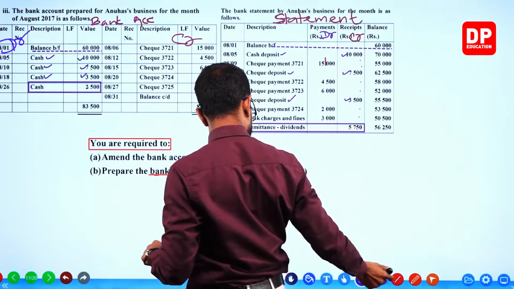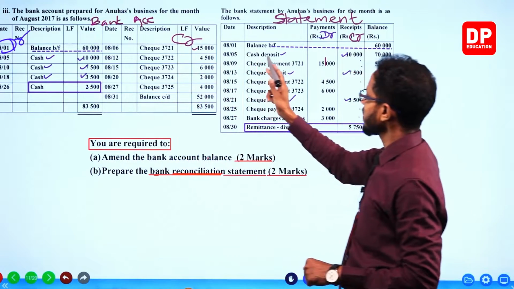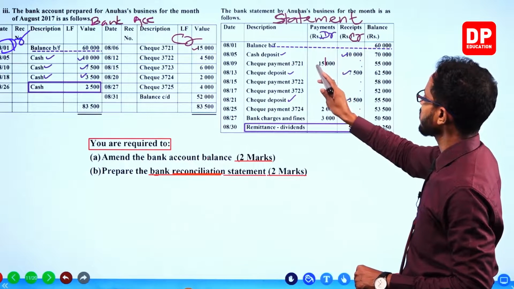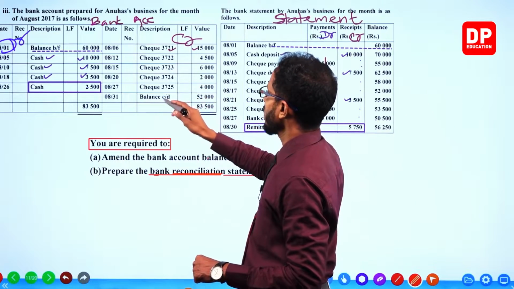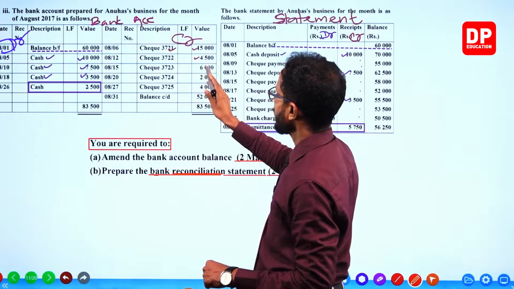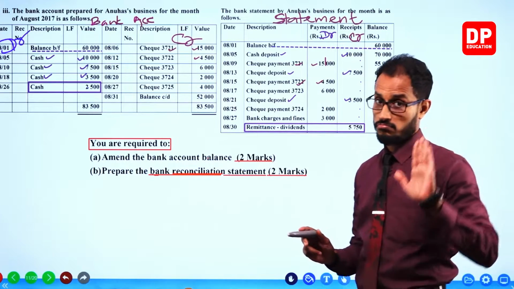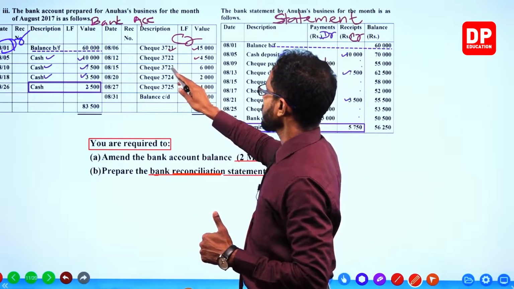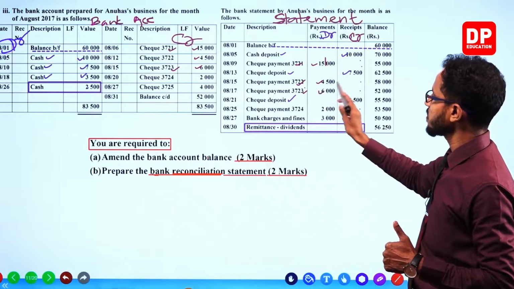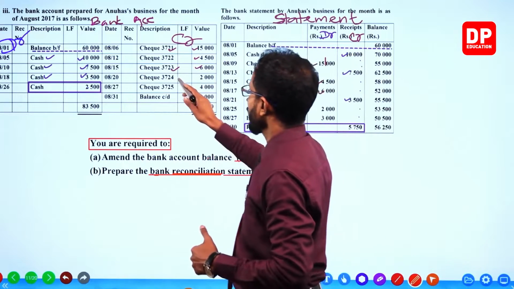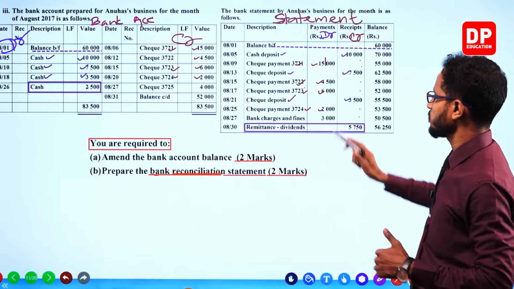Check 3,721, 15,000, that is in the debit side. 15,000, see, this one is here. 3,722, 4,500, check. 3723, 6000, check. 3724, 2000, check.